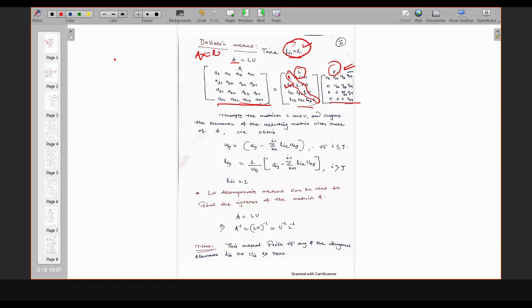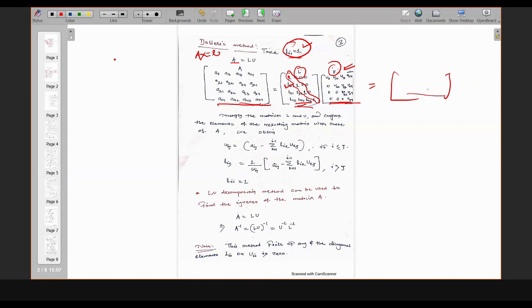I already discussed this in the previous class. You go for matrix multiplication, as you know how to multiply two matrices. You multiply L with matrix U and get the resulting matrix, which is here.